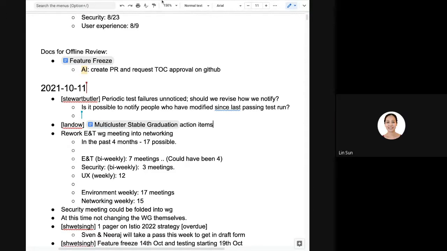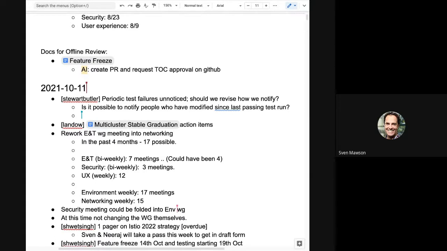One thing I want to make sure everybody knows, this is only for multi-primary, that deployment model that Stephen is advocating for promotion to stable, if I understand correctly. So it's not any of the other deployment models for multi-cluster. Can we open up this doc?